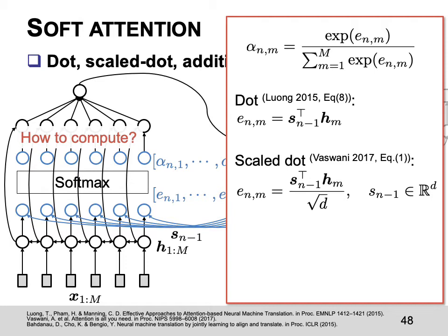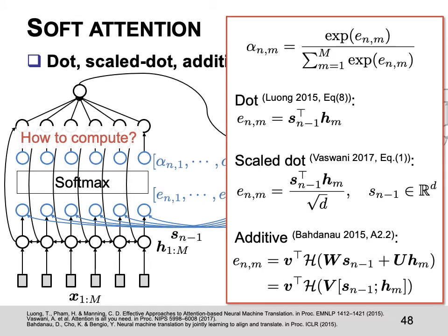The last type of attention is the additive attention. In this case, we apply linear transformations on the two vectors. After that, we add these two vectors together. So this is the reason why I call it the additive attention.